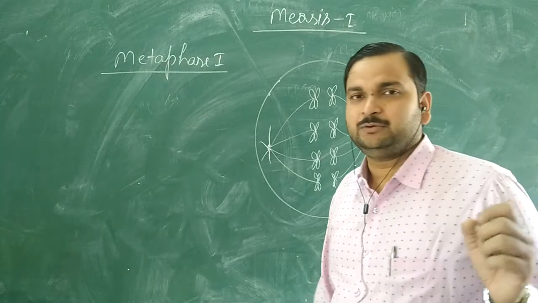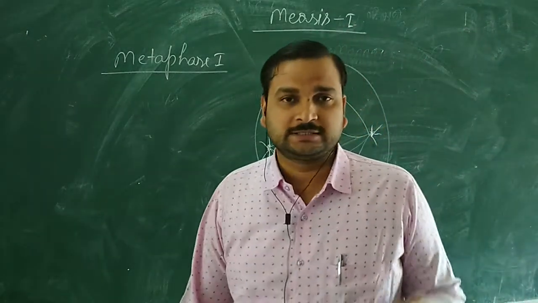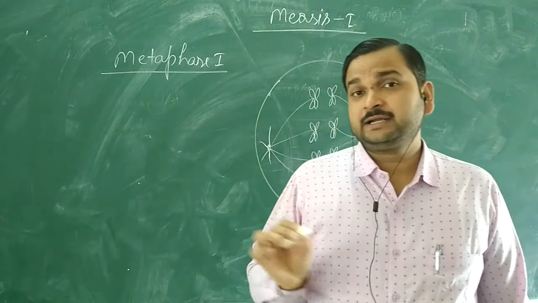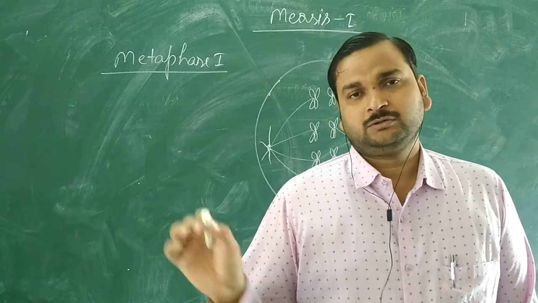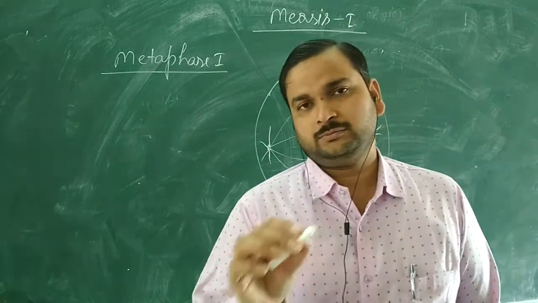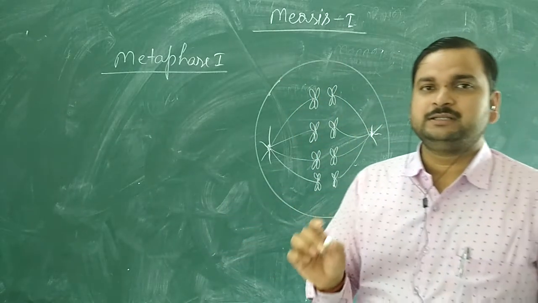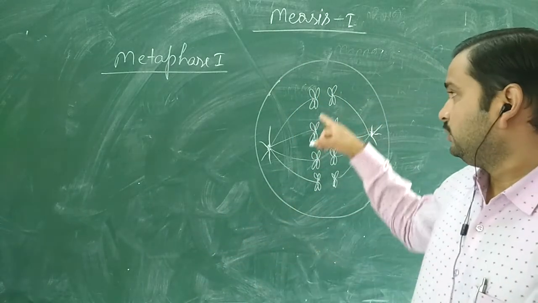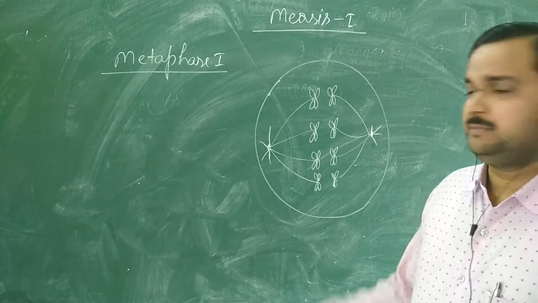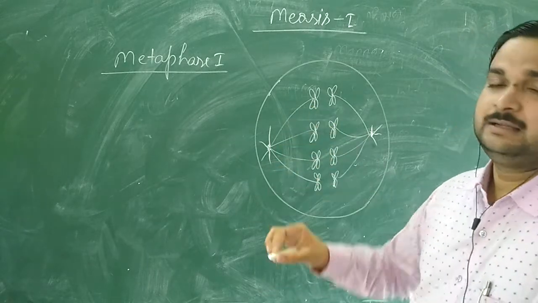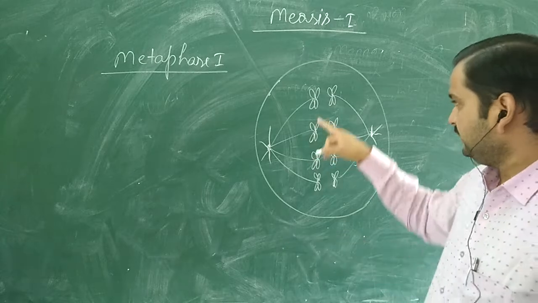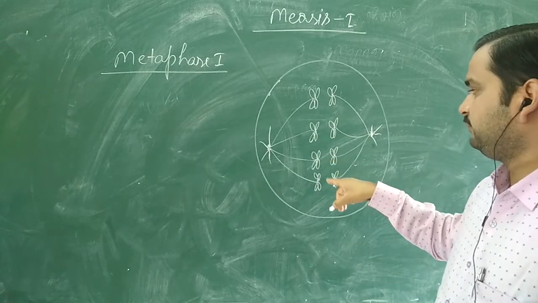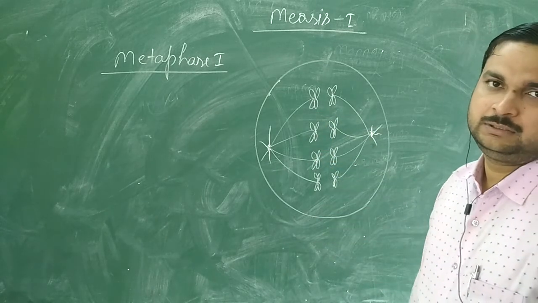If you remember, in the mitosis I discussed the structure called the kinetochore. So I told you that the kinetochore provides a site of attachment for the chromosomes with the help of spindle fibers. Means they will be attached with the help of spindle fibers. At which point? Kinetochore. So here you can see the chromosomes are there in the form of pairs.